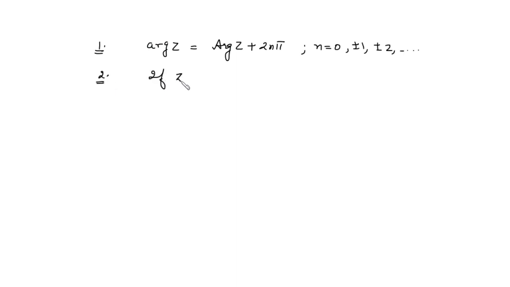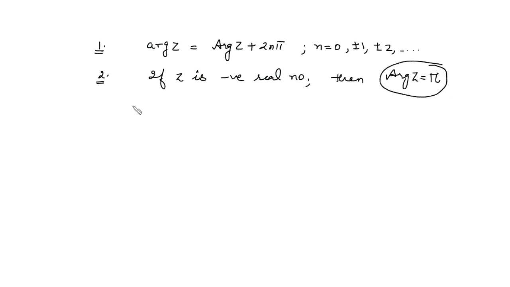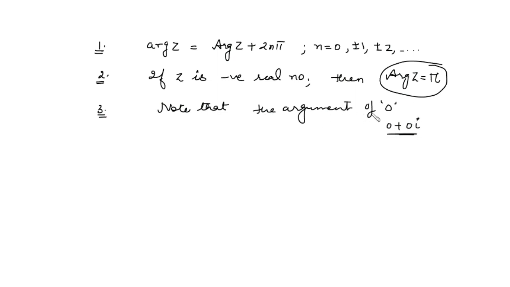If z is a negative real number, then by convention the principal argument of z is π. And note that for the argument of 0, meaning x is 0 as well as y is 0, the argument of 0 is undefined.